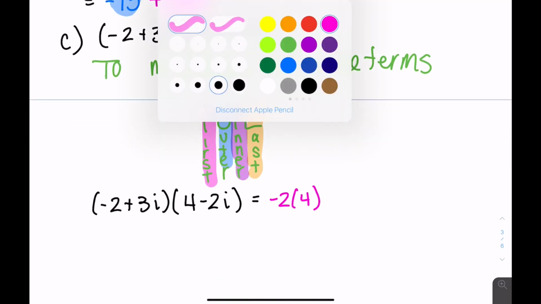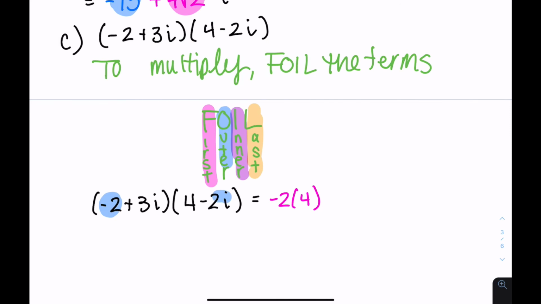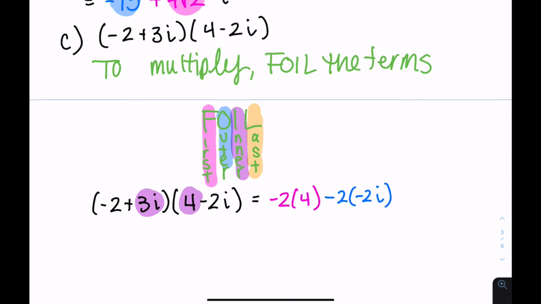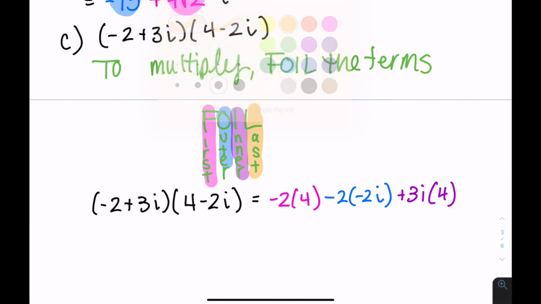Then we'll go for the outer terms, which is negative 2, negative 2i. Multiply those together. Then we go through the inner, which is 3i and 4. Multiply those together. And finally, we've got the last terms, which is 3i and negative 2i. Multiply those and add them as well.